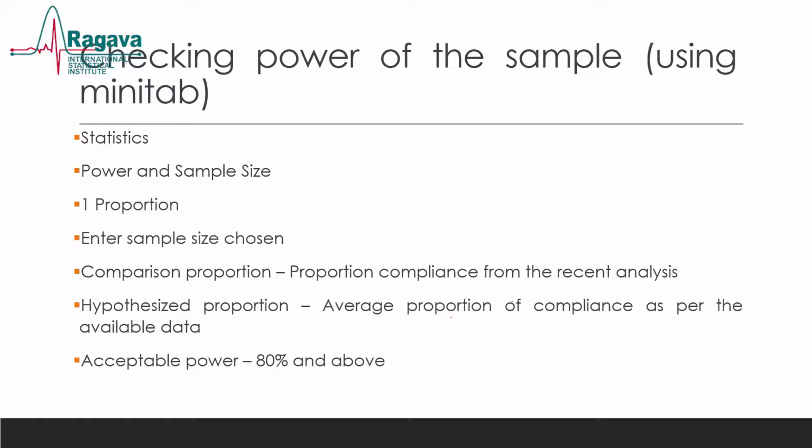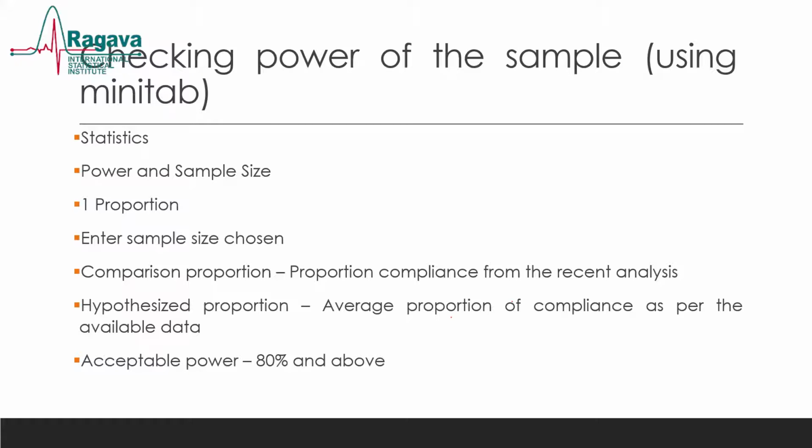What is important is that the sample size that you have chosen and the sampling method that you have chosen are appropriate and acceptable only when the acceptable power is 80% and above.